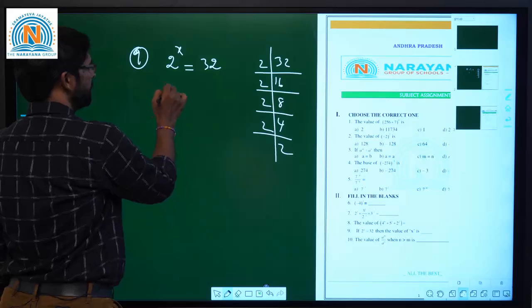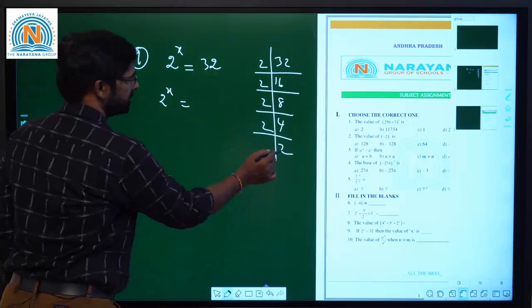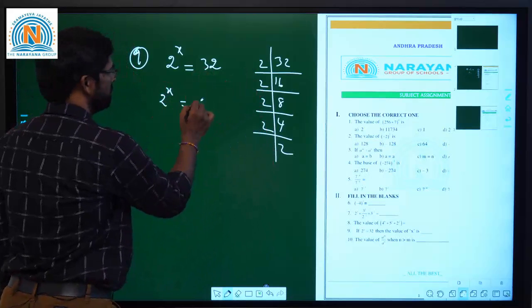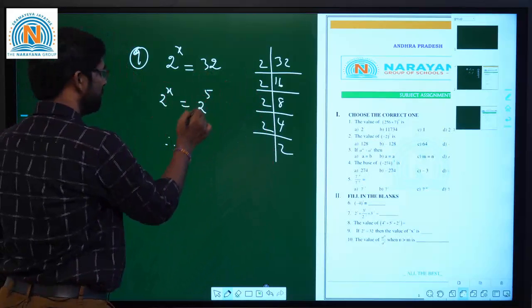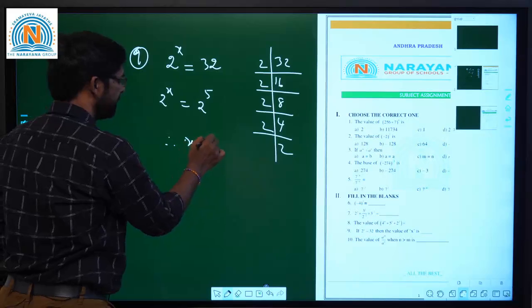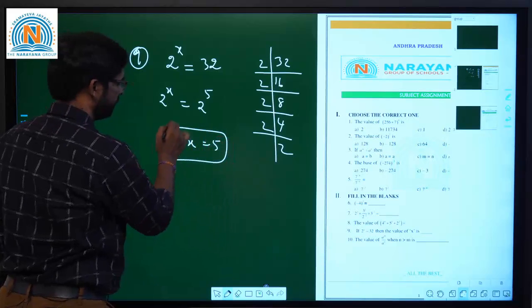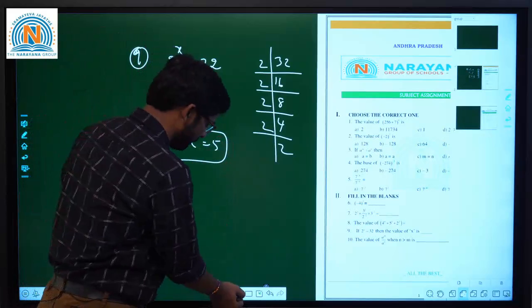So 2 to the power of x equal to 32 can be written as 2 to the power of 5, counting 1, 2, 3, 4, 5. So as bases are equal, then powers must be equal. Therefore x equal to 5. Is clear?